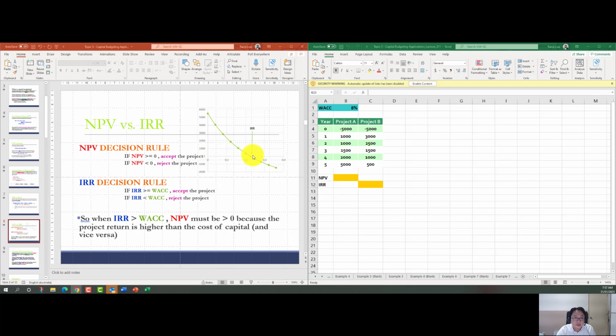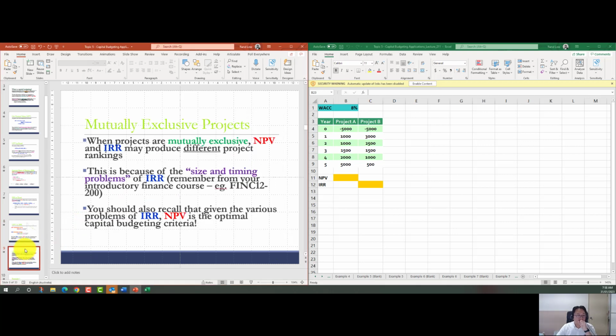Okay, so let's look at mutually exclusive projects. So what is a mutually exclusive project? It's basically when projects are mutually exclusive, NPV and IRR can produce different project rankings.